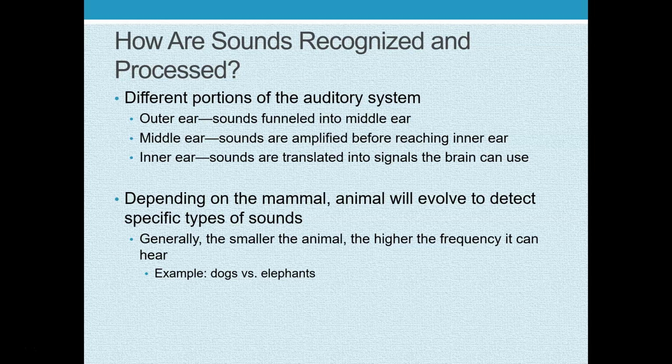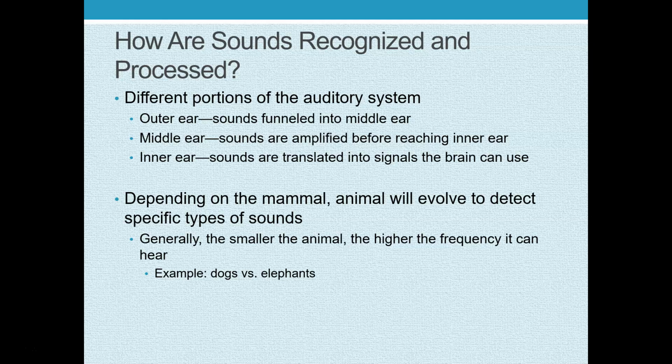We have our outer ear, which is the fleshy portion of our ear that we can touch with our hands. It also includes our ear canal and our eardrum. And this is basically to funnel sound into the middle ear. The middle ear's function is to amplify sound before it reaches the inner ear. And then in the inner ear, that's when sound is basically translated into a signal that the brain will actually use.